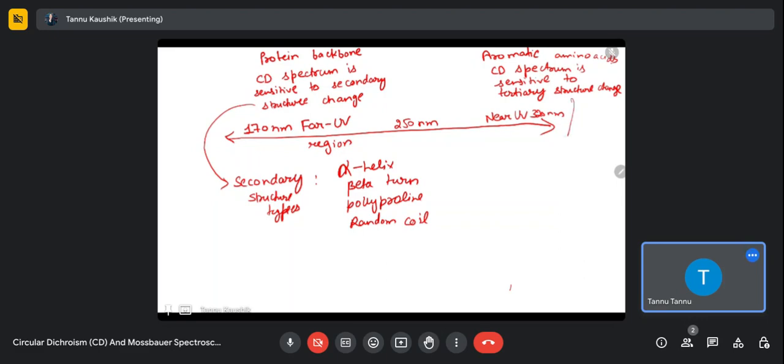And for the structural types, we have different types of aromatic amino acids, which are phenylalanine, tyrosine, tryptophan, and disulfide bonds.